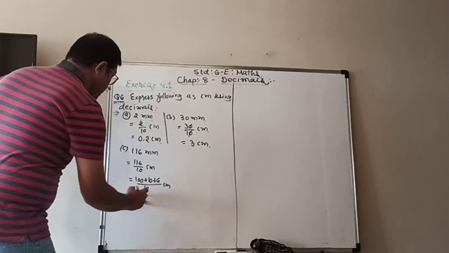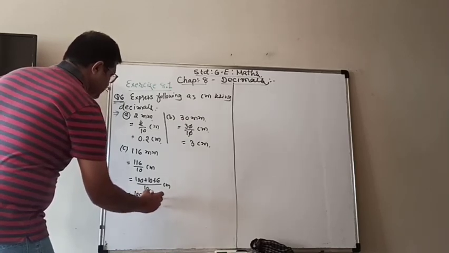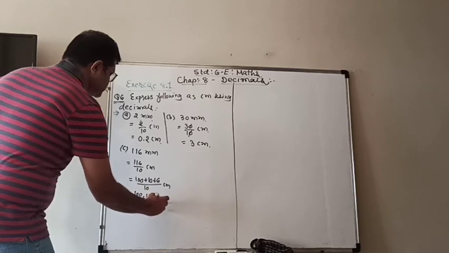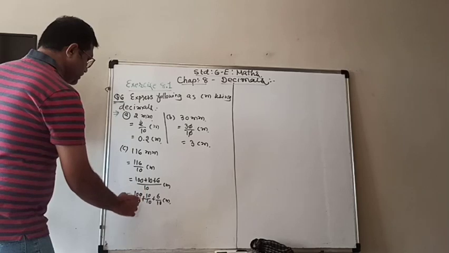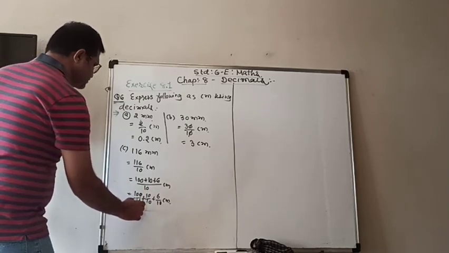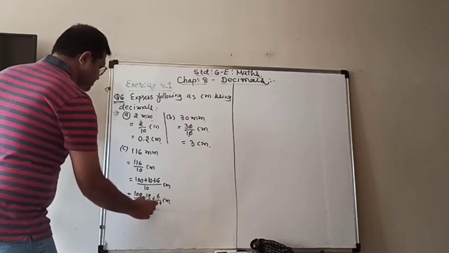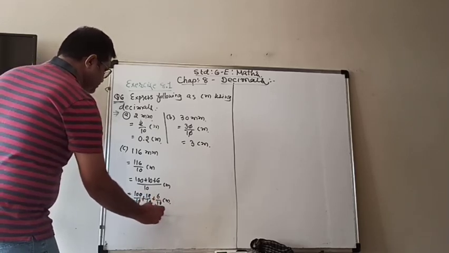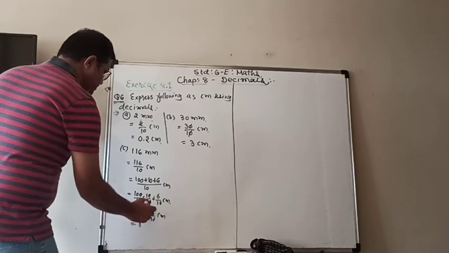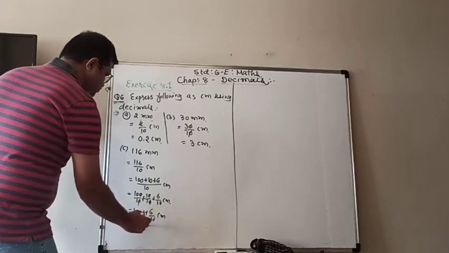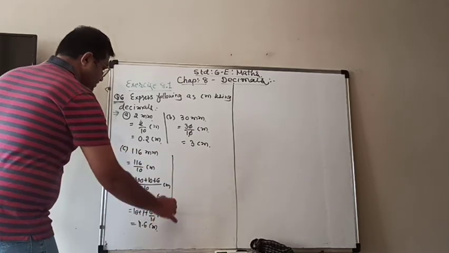So that is 100 upon 10 plus 10 upon 10 plus 6 upon 10 centimeter. Here it is 10, here it is 1, and plus 6 upon 10. So now 10 plus 1 is 11 and this is 0.6. So it is 11.6 centimeter.